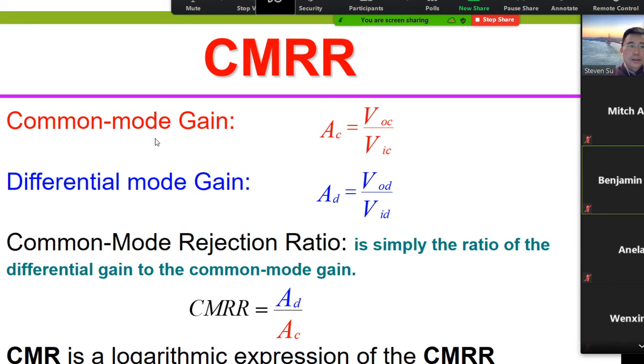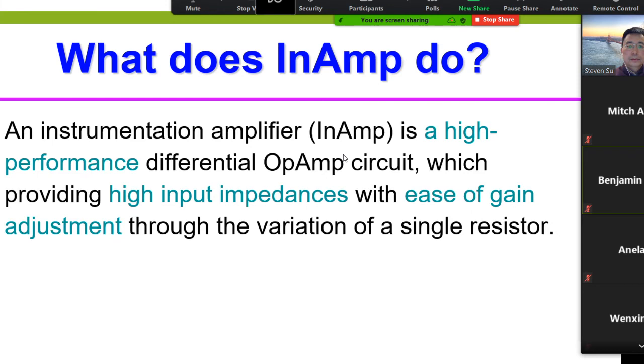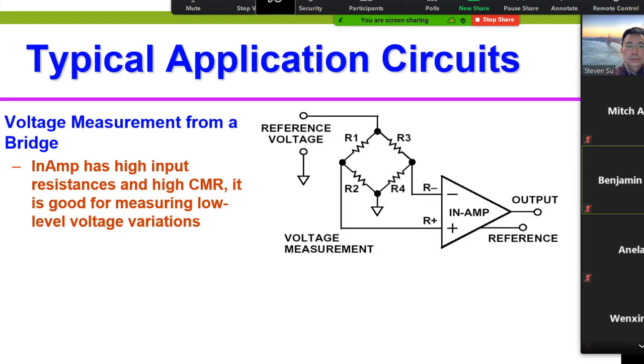First, how do we calculate the common mode gain? Common mode gain is VOC, that means common mode output divided by common mode input, which gives AC. Going back to the circuit, if we connect both the minus input and positive input together and then give a voltage input, for example 1,000 or 10,000 volts, theoretically you want the output to be 0, right?